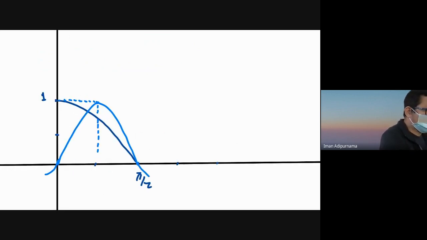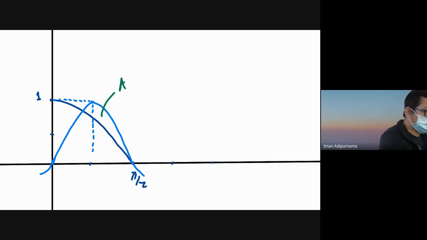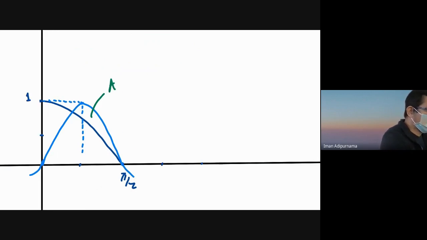Okay, now we have this area, this area here. It's the area that we want to observe.